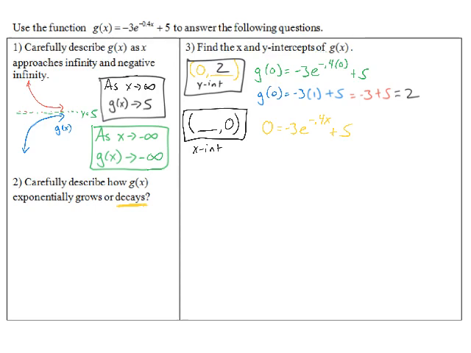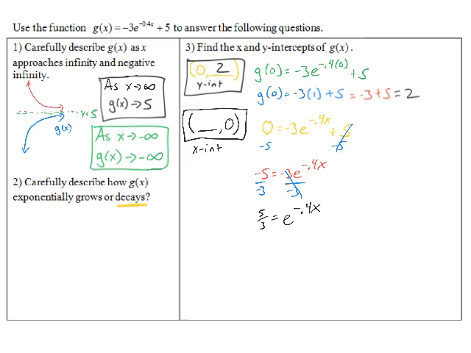And we want to solve this for x. The first step is to subtract the 5 over. That gives me -5 equals -3e to the -0.4x. Then I divide both sides by -3. So I now have 5/3 is equal to e to the -0.4x.